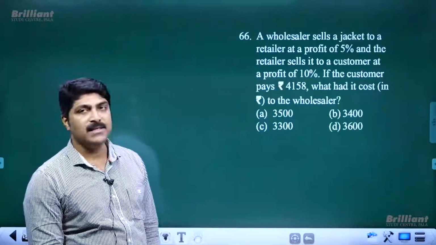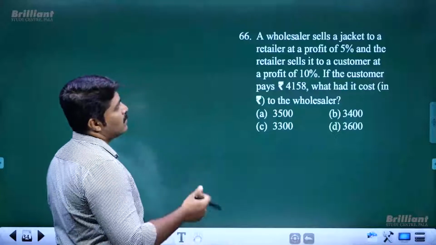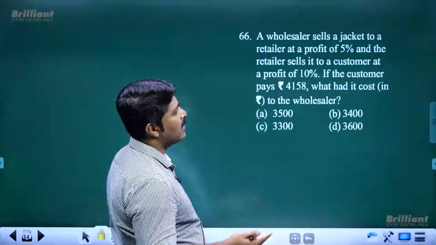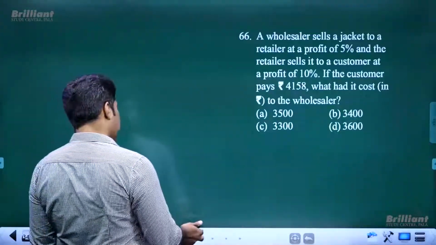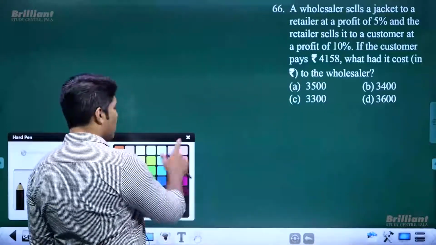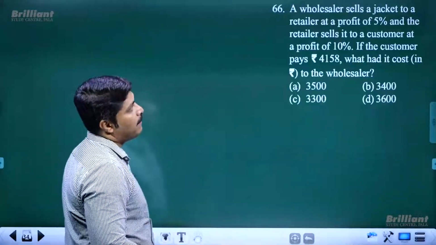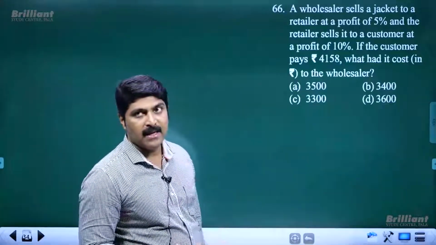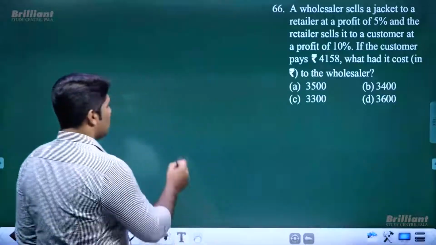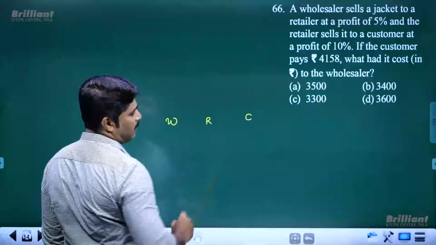So in such a situation, how can we find it out? You can start with the help of substitutions or assumed values. Here there are 3 persons: wholesaler, retailer, and finally customer.